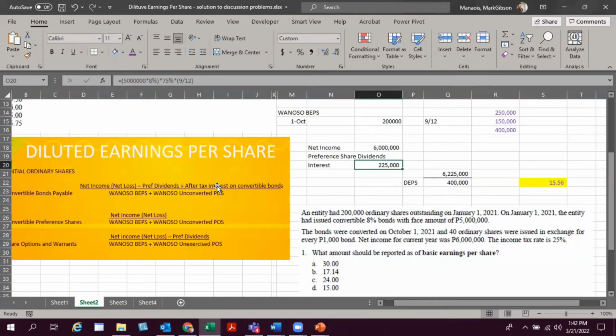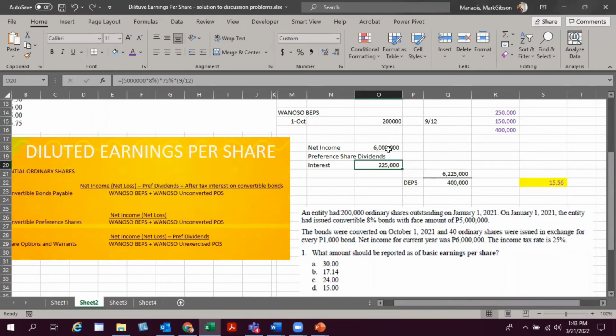With that, we are taking out the effect of the interest in the net income, as if wala tayong bonds payable. So ergo, wala tayong dapat bayaran na interest expense.